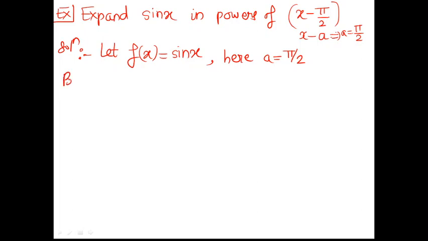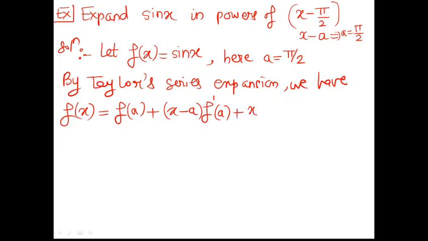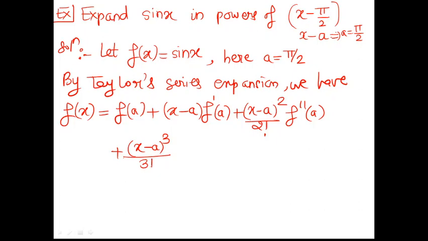Now, by Taylor's series expansion, here we use the formula number C. We have f of x is equal to f of a plus x minus a f dash of a plus (x minus a) whole square upon 2 factorial f double dash of a, plus, as I mentioned, if there is no restriction given on the number of terms of expansion, then we will write up to third derivative terms.